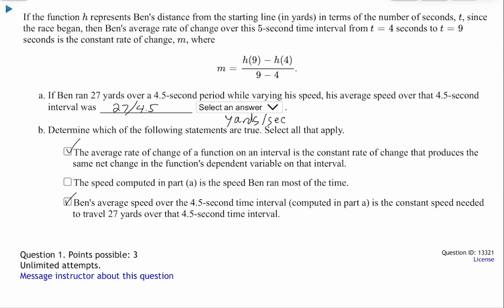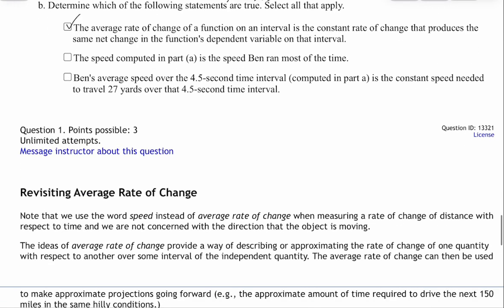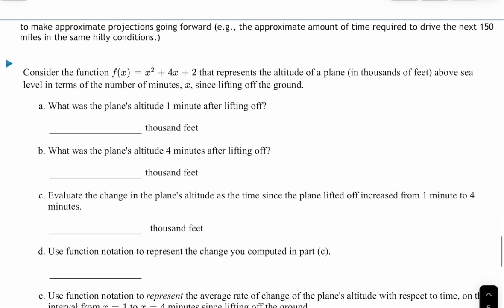So now let's jump down to something that uses a little more of our thinking about functions, okay? So let's take a look at this one. It says, consider the function, again, my function and your function might be a little different, x squared plus 4x plus 2.